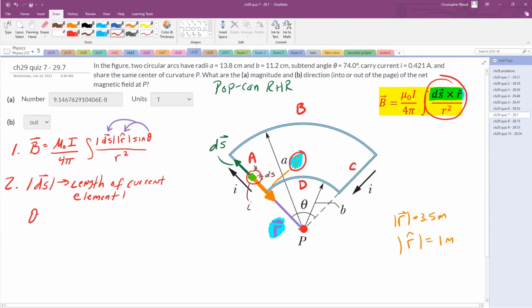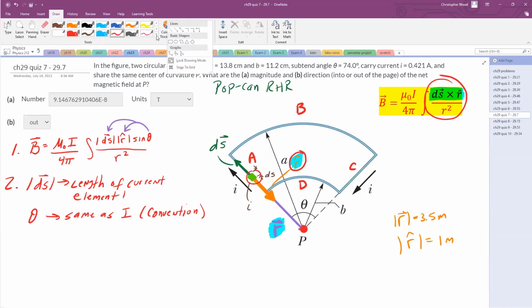The direction of ds is same as I. This is a convention. So how did I know to draw my ds vector in the direction that I drew it in? That's because it aligns with the current direction. So that's why I drew this green vector the way I did.